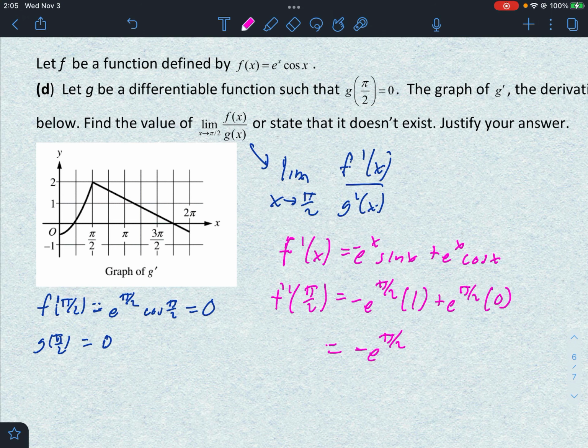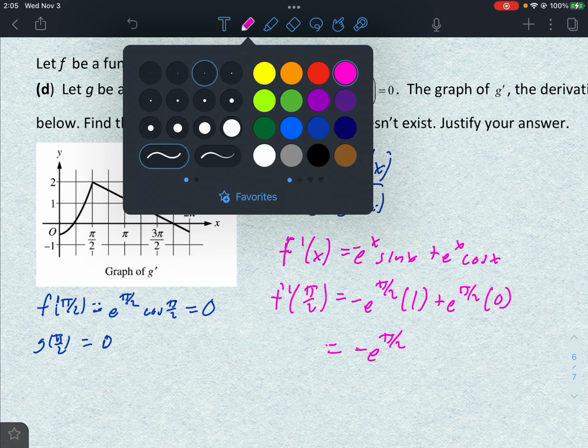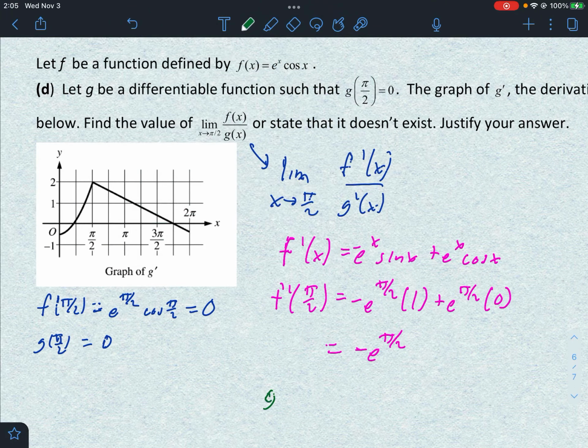And then for g prime, this is g prime, right? So g prime of pi over 2 is just this point right here. So it would be 2.